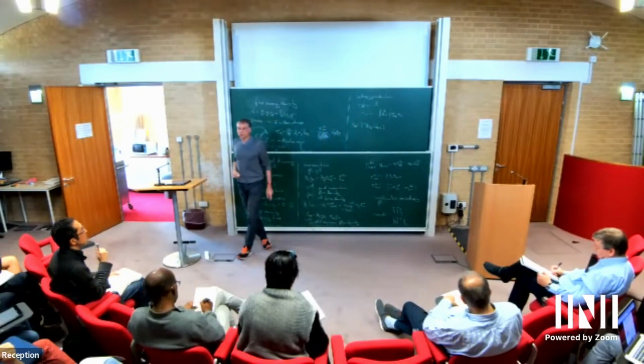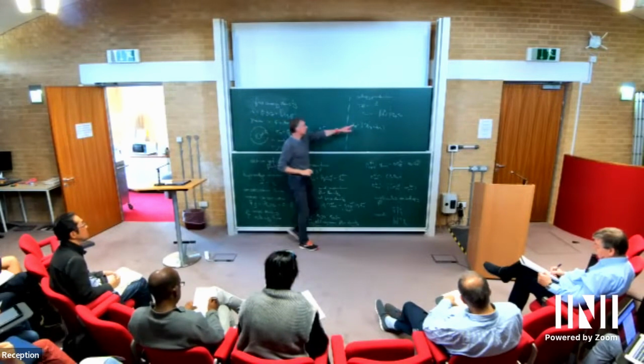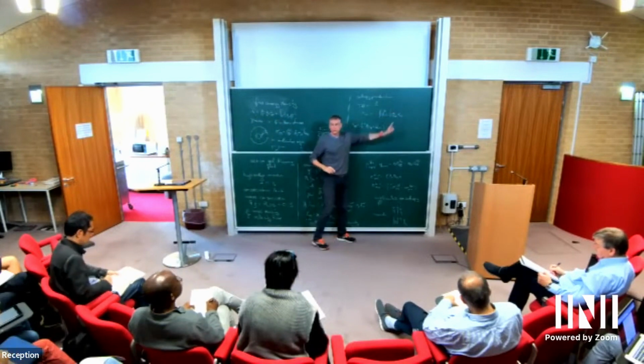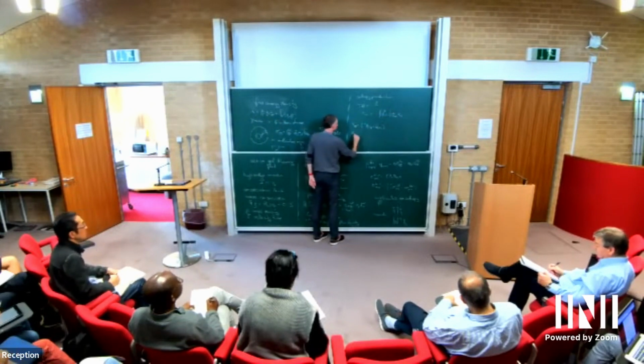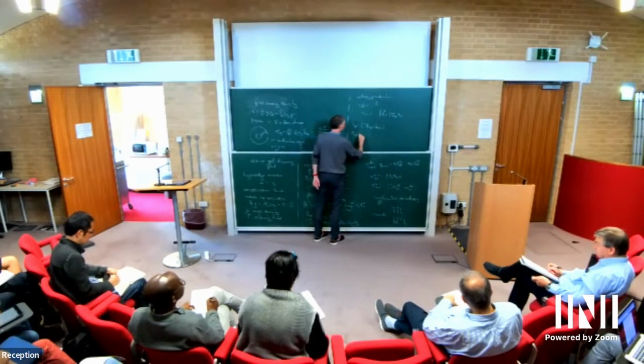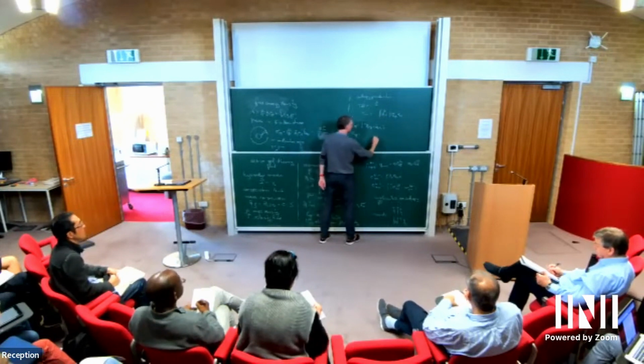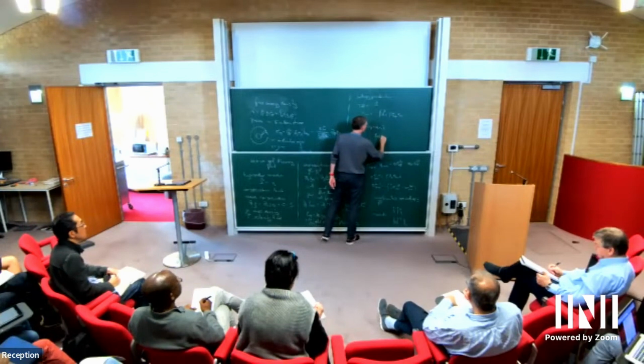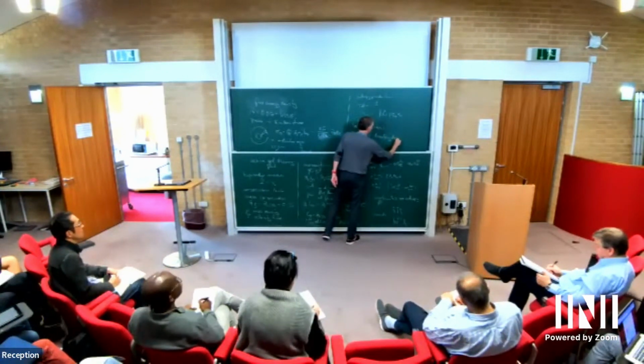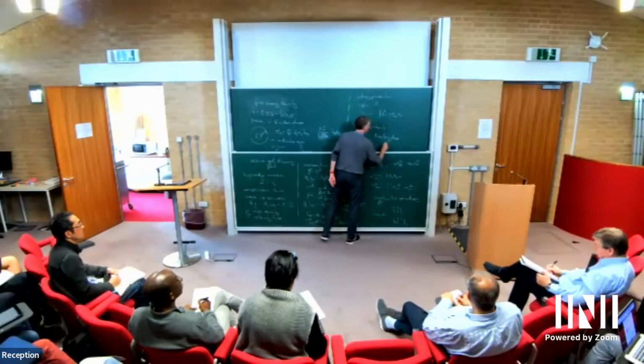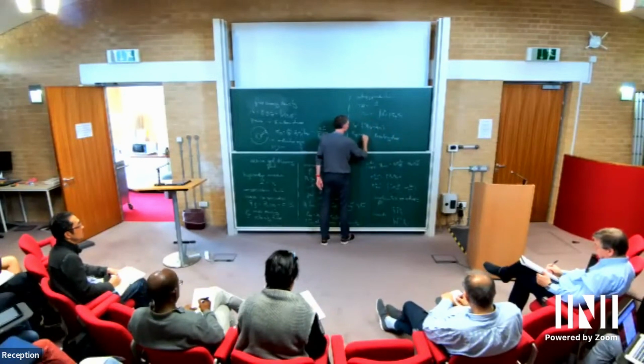The sigma alpha beta, mind you, there's no E and there's no total, because this is what we call the deviatoric stress. And in fact, it's only the symmetric part of it.